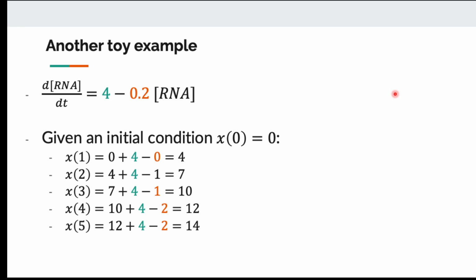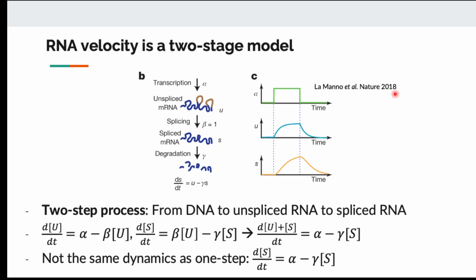If we compare this to what we got from the RNA velocity, which is a two-step process, we'll see that the behavior that we saw before is similar to the behavior of the unspliced RNA, but it's different from the behavior of the spliced RNA. And this is because only by dividing this into two steps can you see that the dynamics for the spliced form is different from the one-step model. So this explains why these two look different.